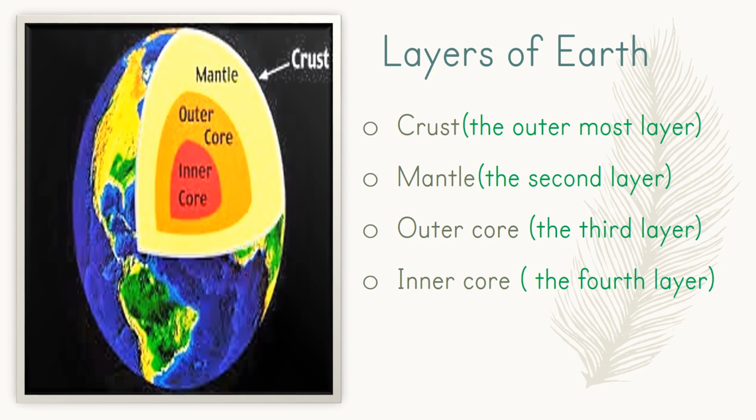It is hard, dense rock and the thickest layer. After the mantle, the third layer is the outer core. The outer core of Earth is like a very hot metal ball. After the outer core we have the inner core, the fourth layer, which is the hottest layer and has high pressure and temperature too.